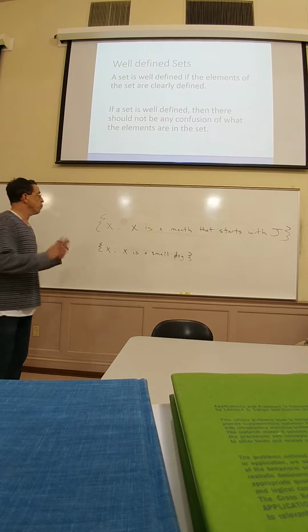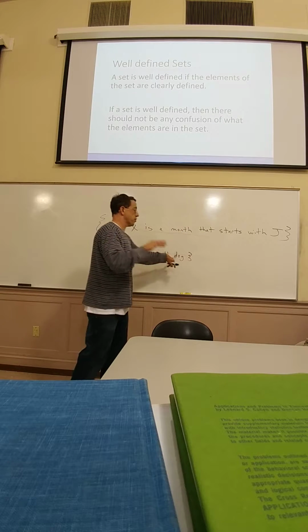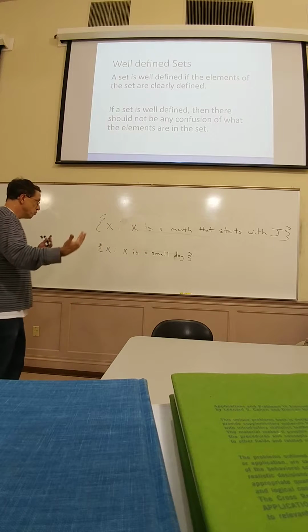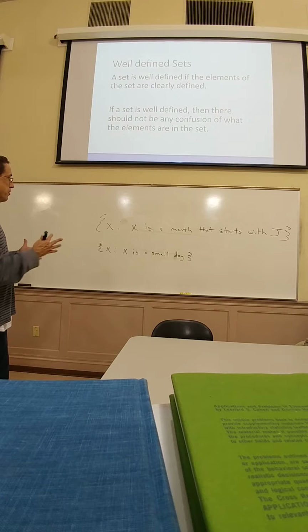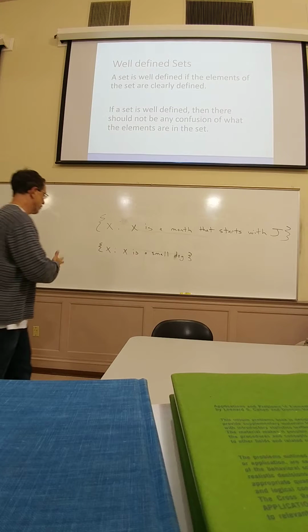Now, if I put more parameters to that, if I said a dog that weighs less than 10 pounds, for example, then you would probably be in the area where it is well defined, because that is more clear about what type of dog. You can measure that, so that makes a difference.